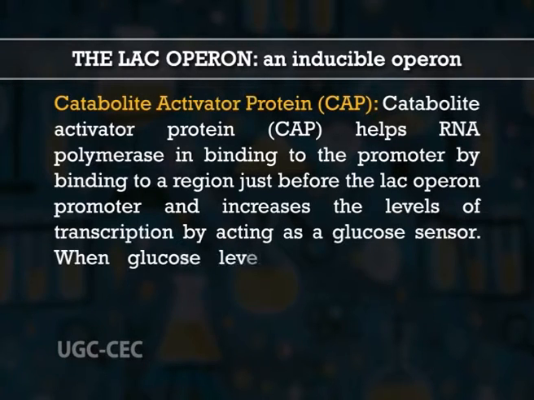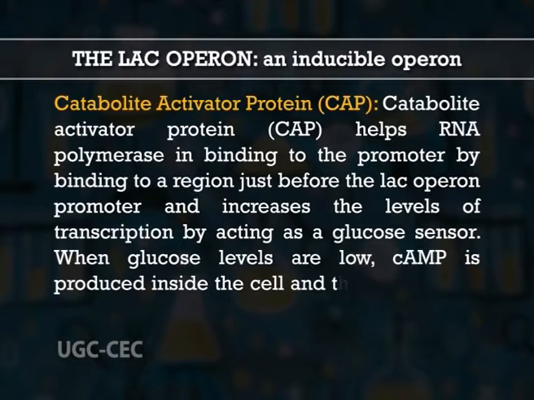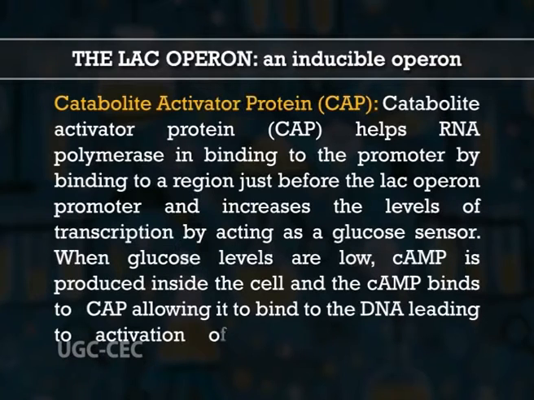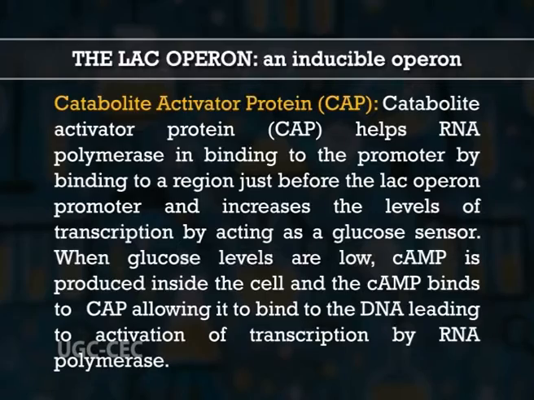When the glucose levels are low, cAMP is produced inside the cell, and the cAMP binds to CAP, allowing it to bind to the DNA, leading to activation of transcription by RNA polymerase. However, when glucose levels are high, no cAMP is produced inside the cell and CAP can no longer bind the DNA, resulting in low levels of transcription.